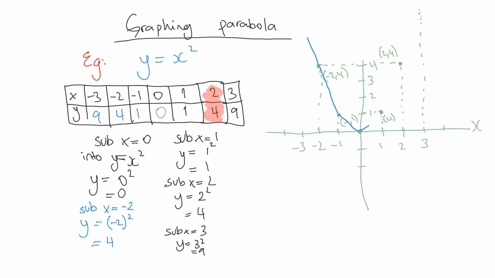So I'm going to have a curve that's going to go something like that. Obviously, that's going to go up and hit other coordinates. So we have a graph like this.